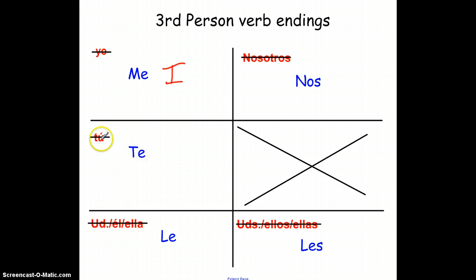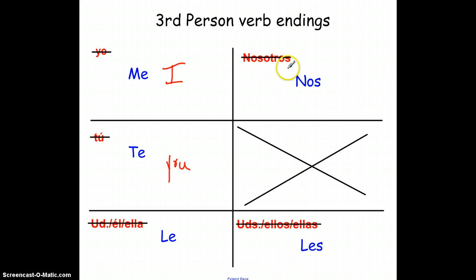So instead of using the word tú, we're using te to mean you. Instead of using the words usted, él, or ella, we're using just the word le. It doesn't matter if it's a he, she, or if it's you formal. We use the word le. Nosotros, you'll be happy to see this.